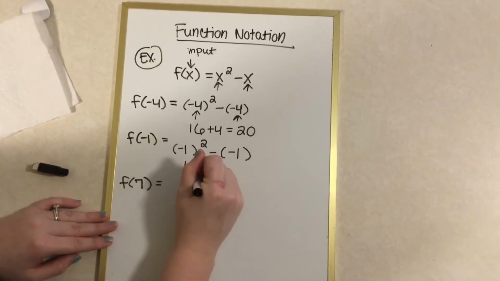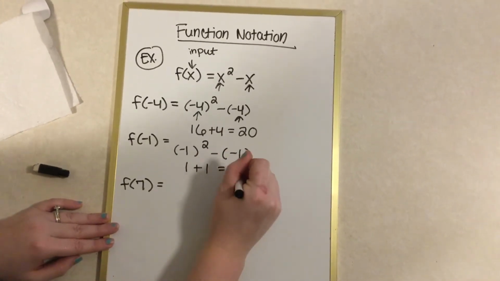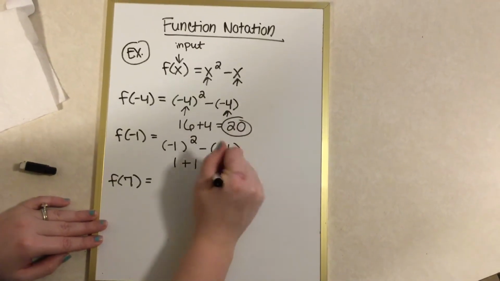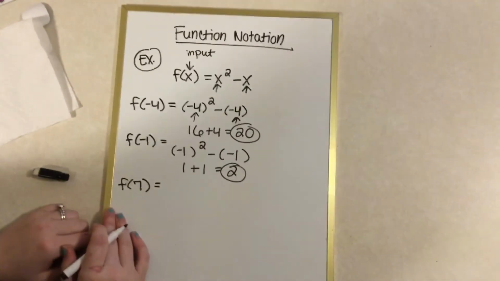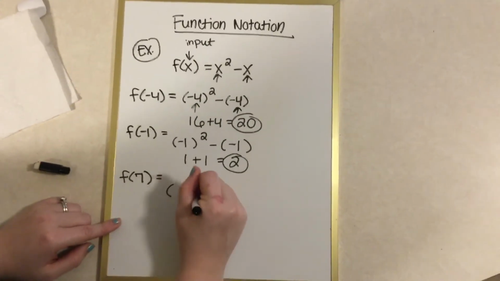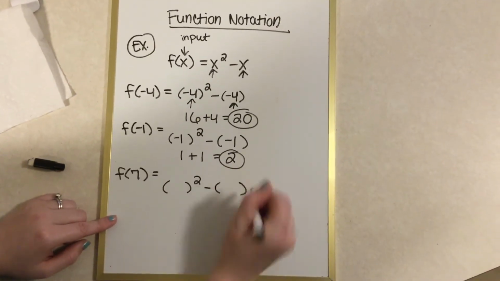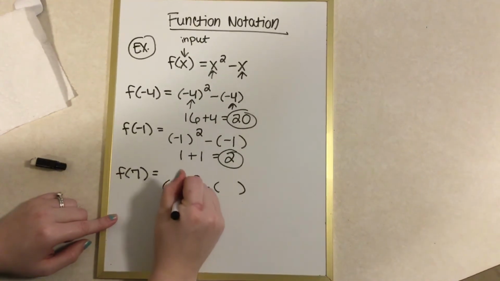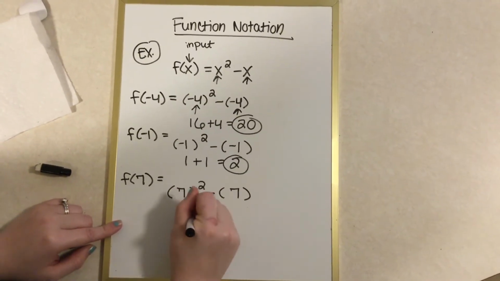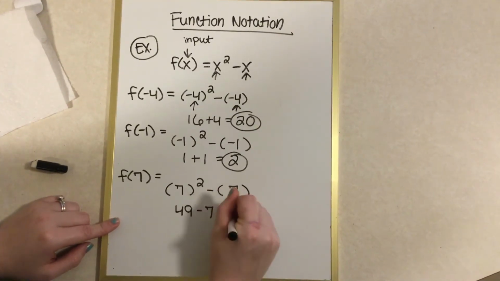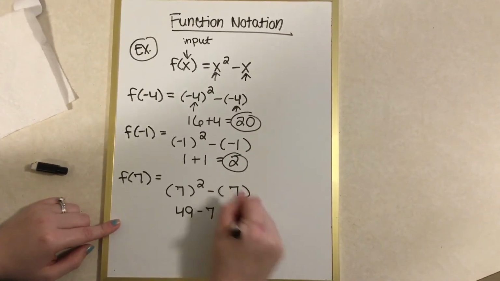This is going to change to a plus. 1 plus 1 is going to be 2. And then last but not least, if you're plugging in 7 to find f of 7, if I write this with parentheses first, I'm just going to plug in a 7 into each of those. 7 squared will be 49 minus 7, and that's going to be 42.